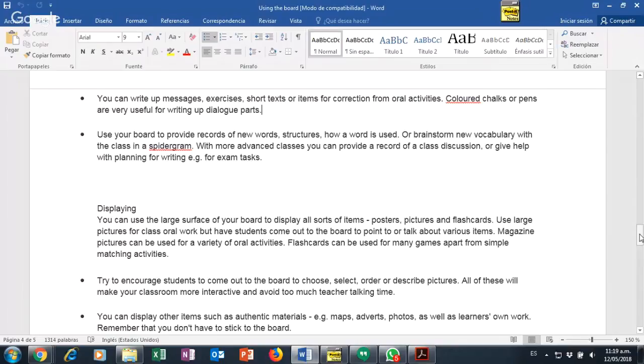Because the students throw papers, use the phone, stand up and go out of the classroom. And this is the problem.